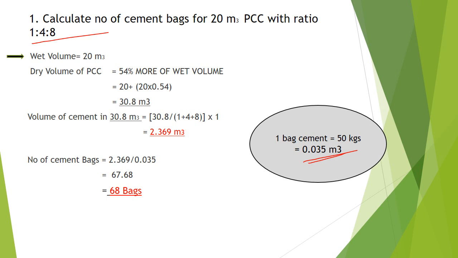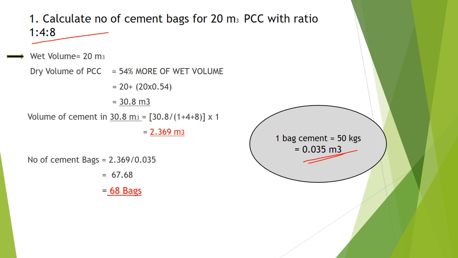So dry volume of concrete is 54% more than that of the wet volume, which is 54% more of 20 meter cube, which comes up to 30.8 meter cube. So volume of the cement in 30.8 meter cube.